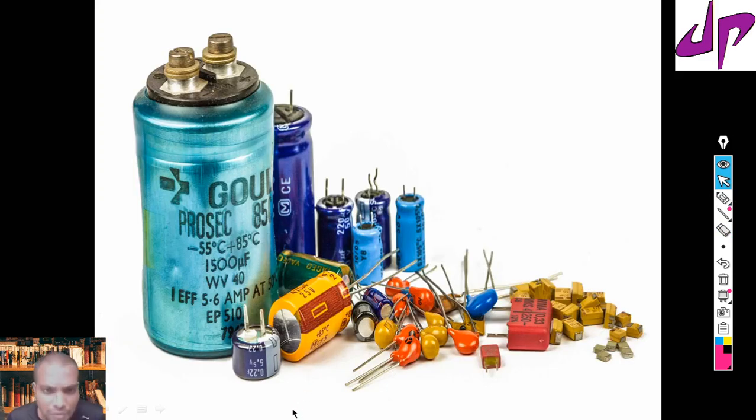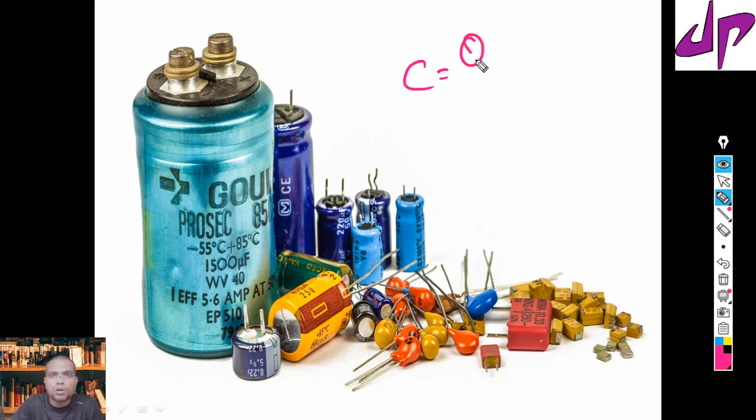Now let's understand one more question here. Why do capacitors come in different sizes? As we learned, capacitance is the ability to store charge. The capacitance of a capacitor is its ability to store charge.